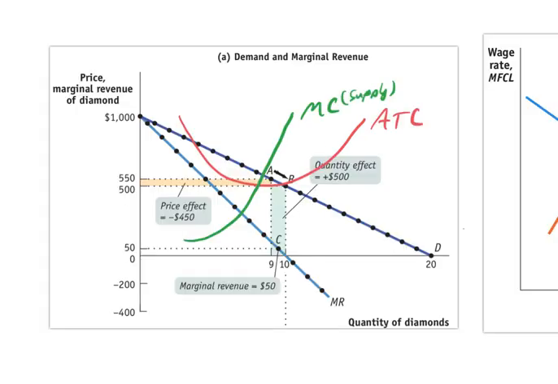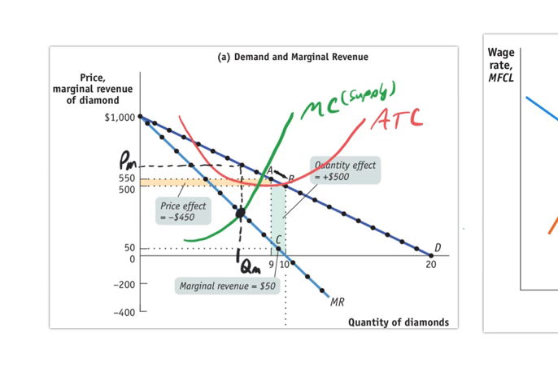Going back to our monopolist, I have drawn in my average total cost curve and my marginal cost curve. Remember, marginal cost is the supply curve for the firm, right? To identify our profit maximizing price and quantity for our monopolist, what we always did was look at where marginal revenue and marginal cost intersect and go up to demand to find the price and the quantity for the monopolist.